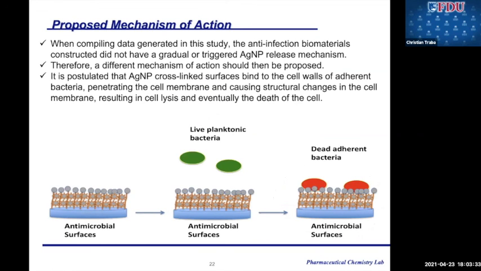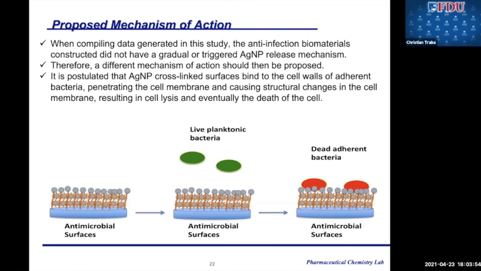When compiling all of our data, and more specifically, the data from stability assays, the anti-infection biomaterials constructed in this work did not have a gradual or a triggered silver nanoparticle release mechanism. Therefore, a different mechanism of action should be proposed.